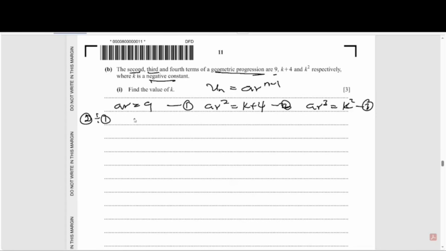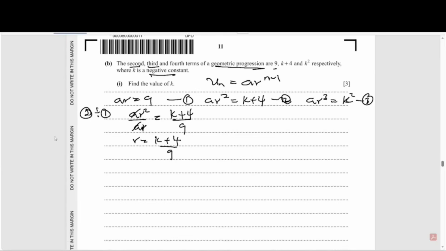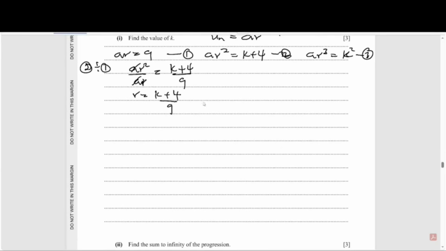So we have ar squared over ar is equal to k plus 4 divided by 9, right? By this we see that a and a will be cancelled out, and r will take one r out, so that we have r is equal to k plus 4 over 9 as one equation.